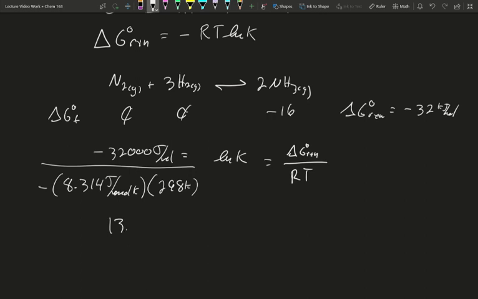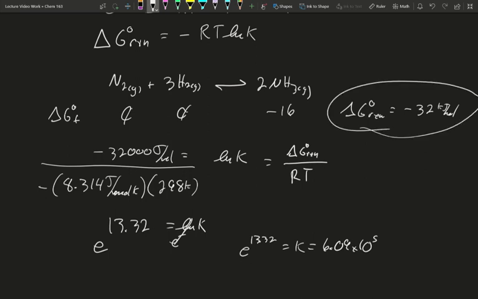Calculate this out. 13.32 will equal the ln of K. E to the 13.32, or E will cancel the natural log, and E to the 13.32 will equal our K, which will equal 6.09 times 10 to the 5. This is very favorable. We should have lots of products and very little reactants, and our delta G says, oh, it should definitely be spontaneous. We should be able to make ammonia quite readily, at least energetically.